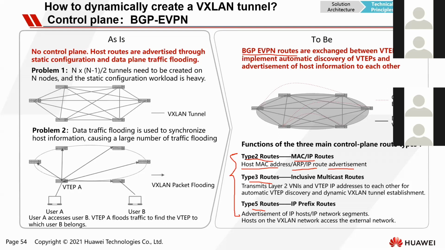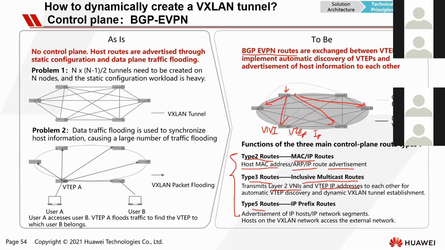For type 3 routes, we have the inclusive multicast routes. In these routes, we transmit the layer 2 VNI information and VTEP IP address. For example, when one of the routers or switches advertises the type 3 routes to its neighbor, the type 3 routes will carry the VNI information and also the VTEP IP address.